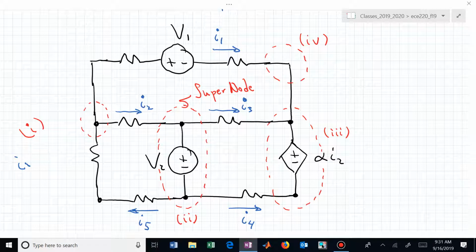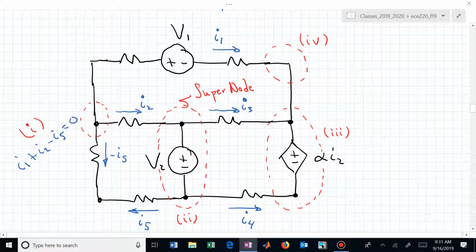Is I2 leaving? So I add that. What about I sub 5? If that confuses you, you could say this is a current that's leaving, and that's opposite to the way I had originally labeled it, so that's minus I sub 5. So I sum that in, and those are my three currents that leave that closed boundary, and I set those equal to 0. These KCL equations, you need to just be able to do those in your sleep.